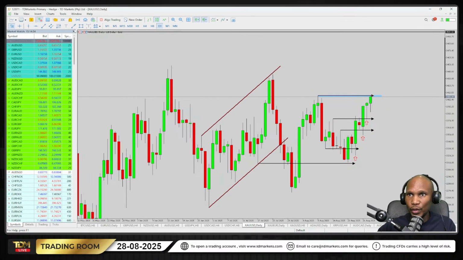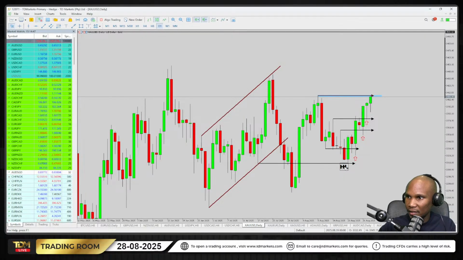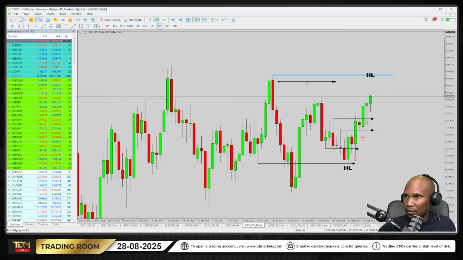But now, since we have a higher low here, it seems like the structure needs to complete by giving us a higher high. So we have this as our higher low. We need a higher high according to the structure there. So I'm anticipating it to continue and reach this top now. Where it is right now, I'm still bullish on this up until we reach that top.